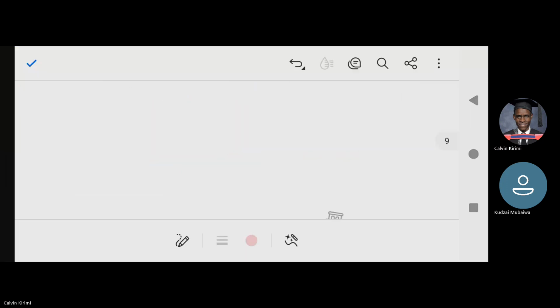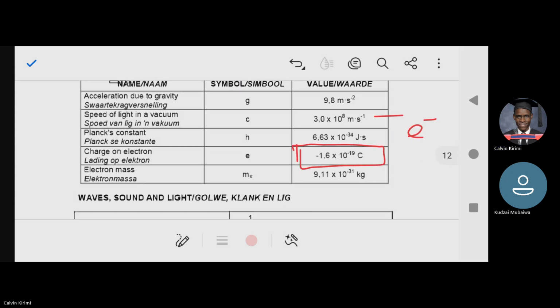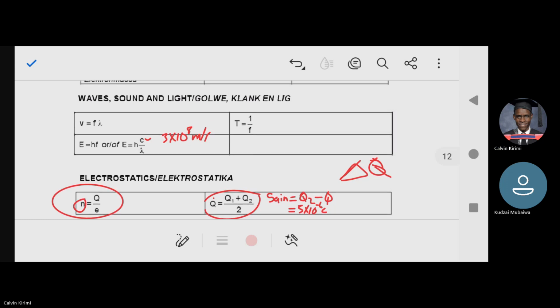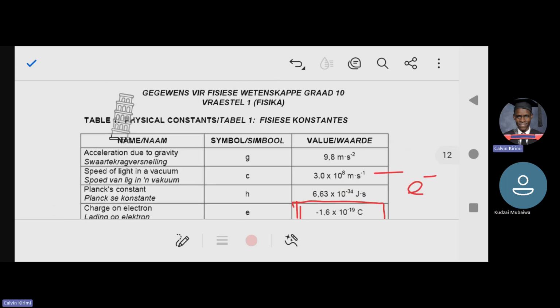Let me open it for you so that you see it. This one. E is equal to hf, or E equals Planck's constant multiplied by the speed of light over wavelength. Maybe they tell you the wavelength lambda, then you look for lambda, make lambda the subject. What is the unit for the constant?